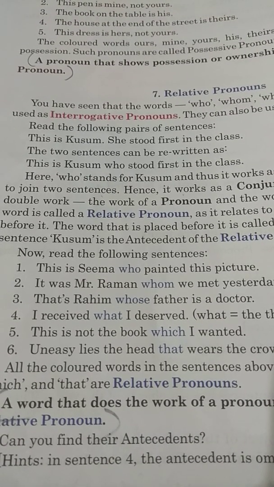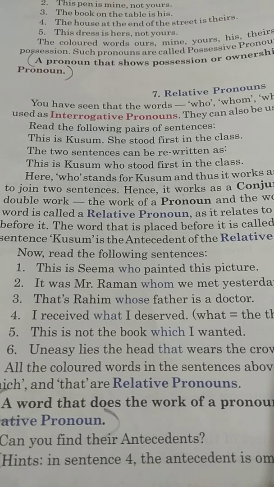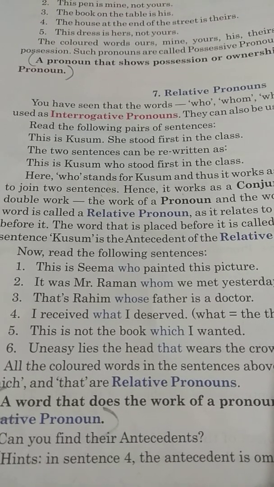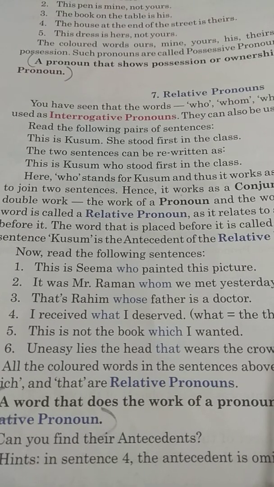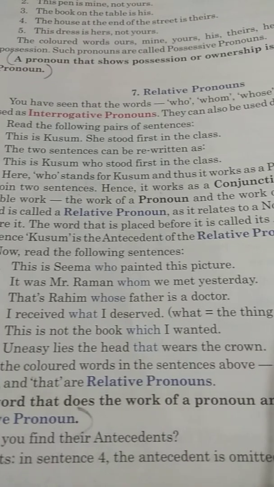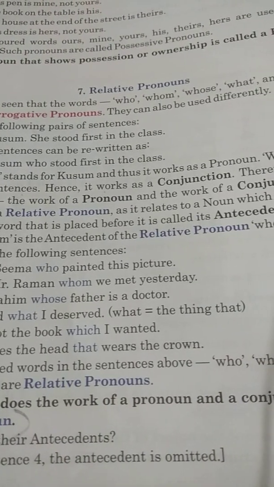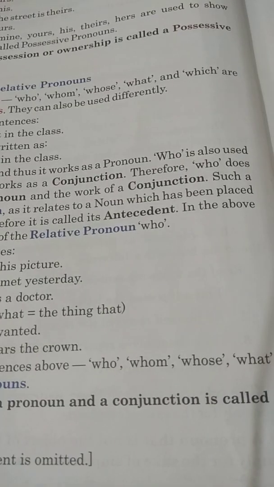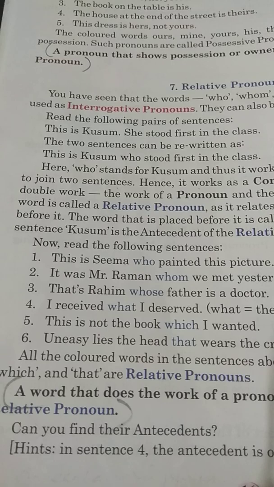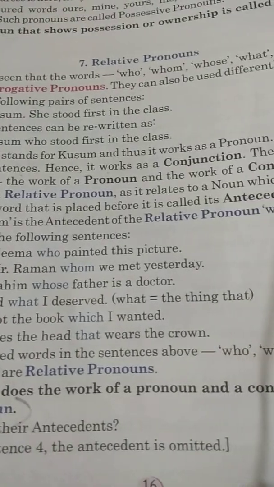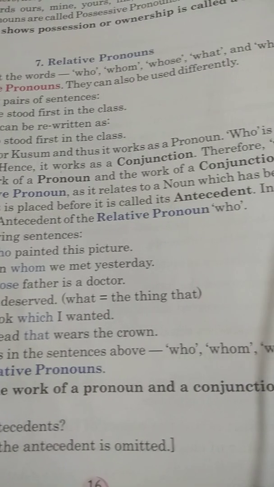The two sentences can be rewritten as: this is Kusum who stood first in the class. Here who stands for Kusum and thus it works as a pronoun. Who is also used to join two sentences, hence it works as a conjunction.